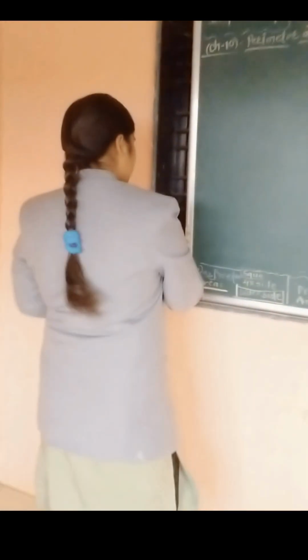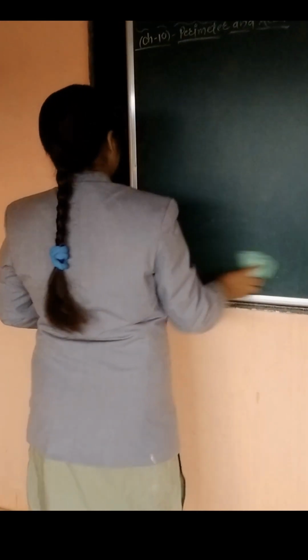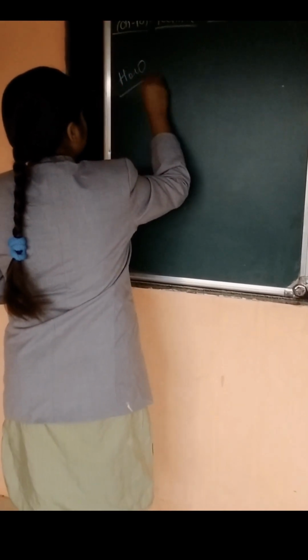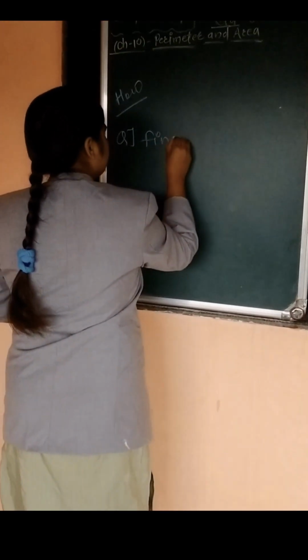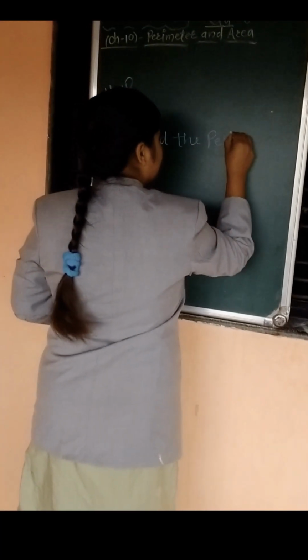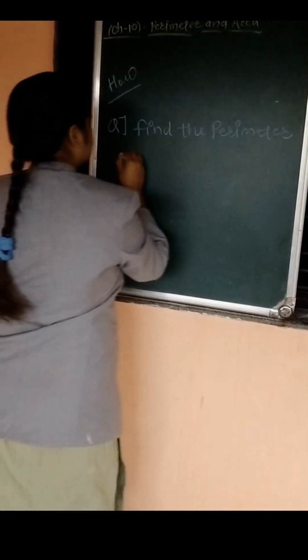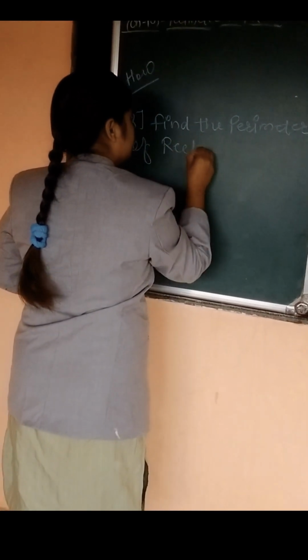So now write down the homework for tomorrow. The homework for today is you have to find the perimeter of a rectangle.